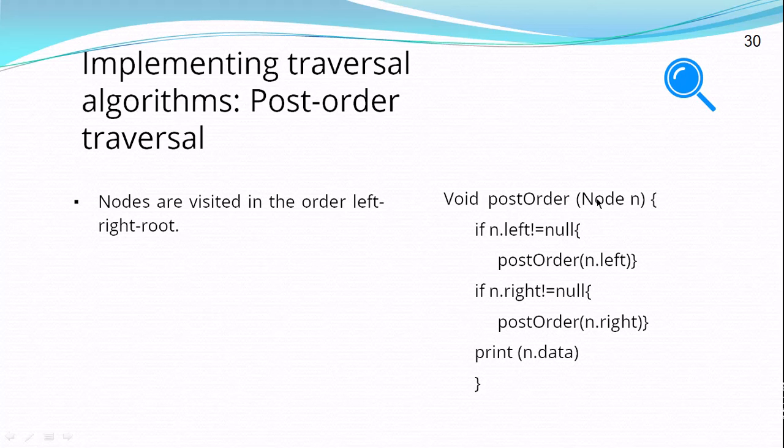To do a post-order exploration of a particular node, if the left-hand branch exists, post-order it. If the right-hand subtree is not null, in other words it exists, then explore it using the post-order algorithm. And finally, you access the node n itself by just printing out the data field found within this node object.